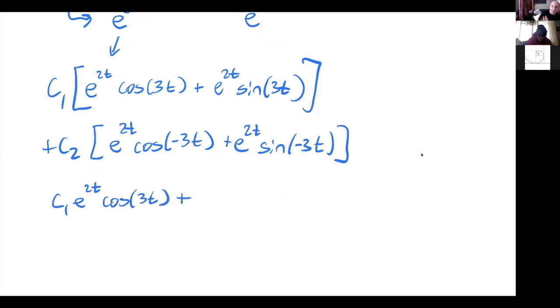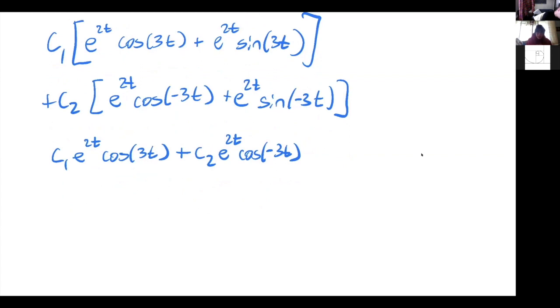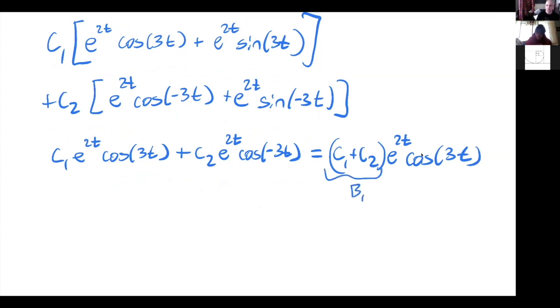And I'm just going to group the sines and the cosines together. And then from the other solution, we have a C2 e to the 2t cosine of minus 3t. That would change to positive 3t, which is the same as cosine of 3t. So really this part we can write as C1 plus C2 e to the 2t cosine of 3t. And C1 plus C2 we can just call some arbitrary constant B1.